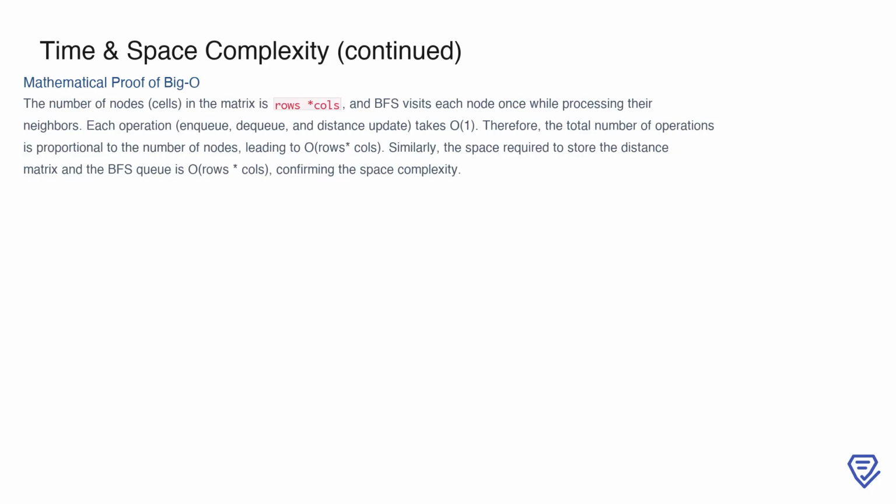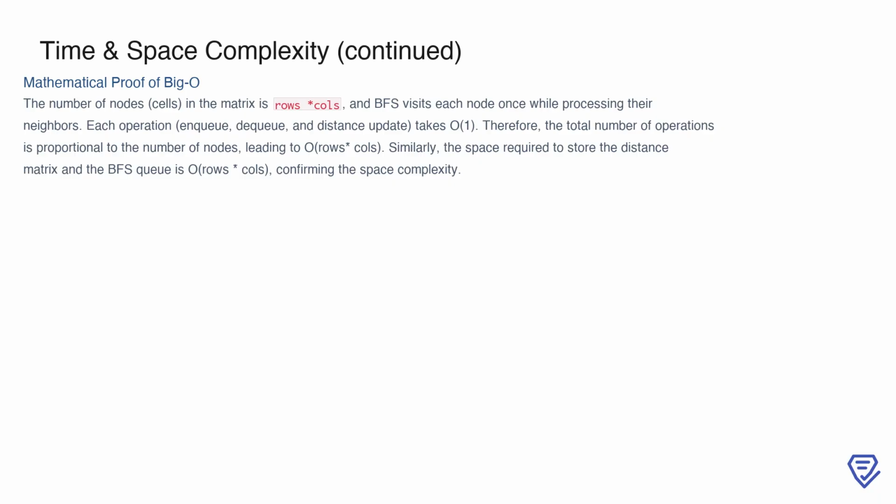Finally, let's validate the big O notation mathematically. The total number of nodes in the matrix is rows * cols, and BFS ensures each node is visited exactly once. During this traversal, operations such as enqueuing, dequeuing, and updating distances are performed in constant time, or O(1), for each node.